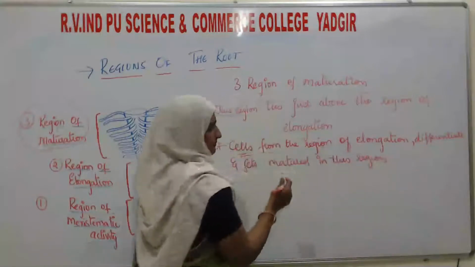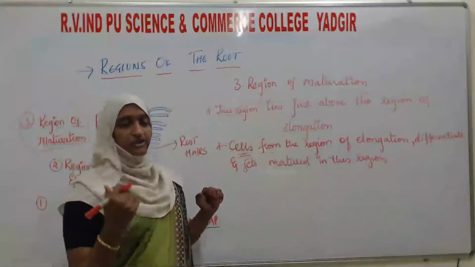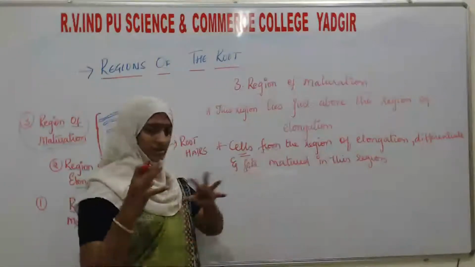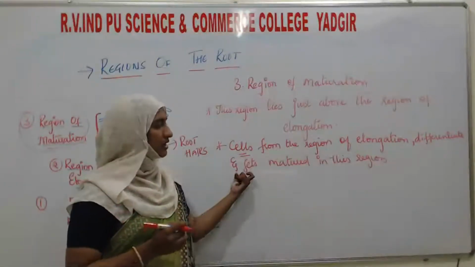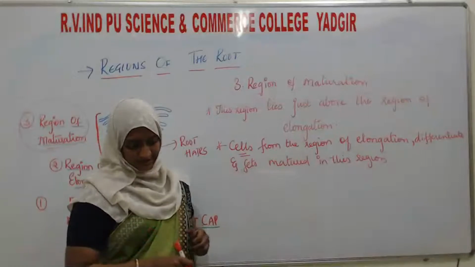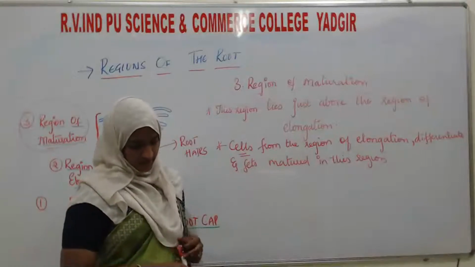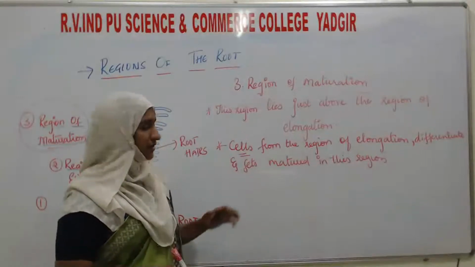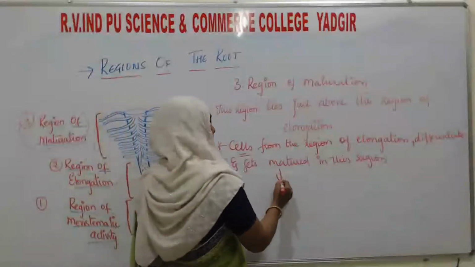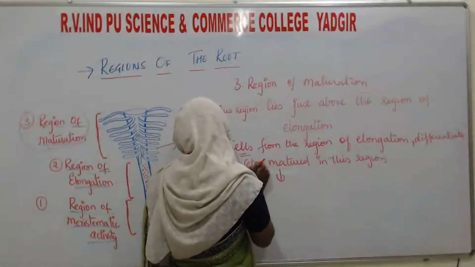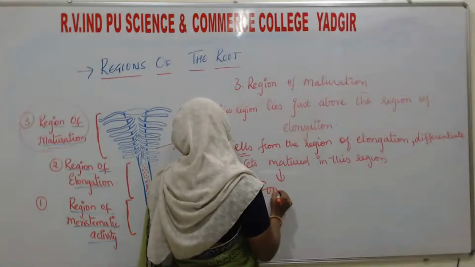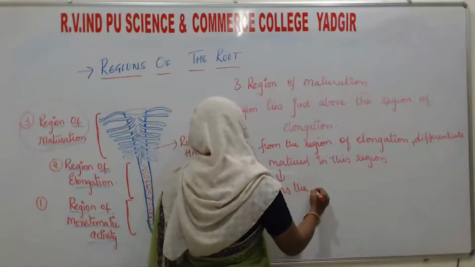The cells from the region of elongation, where they divide rapidly, will differentiate here and get matured. And then they form the region of maturation.